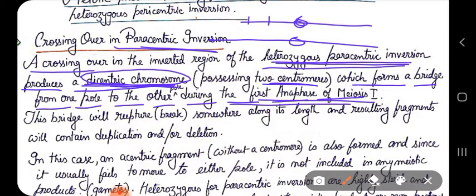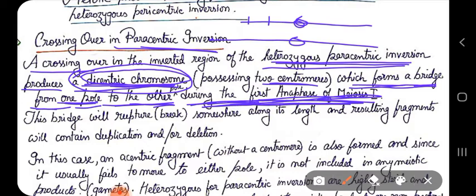It will produce a dicentric chromosome, having two centromeres, and it will look like a bridge. A bridge will form from one pole to the other pole during the first anaphase of meiosis 1.